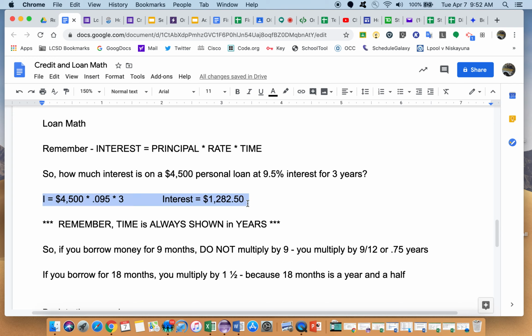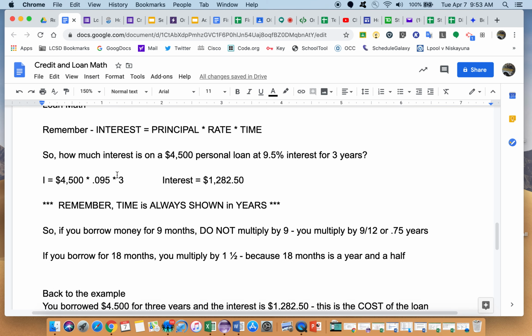I use the formula PRT, principal times rate times time, and our interest is $1,282.50. Right? So I borrowed $4,500 at 9.5% for 3 years, and they will add this amount to my loan. So I'd have to pay back that whole amount, the interest plus the original principal.